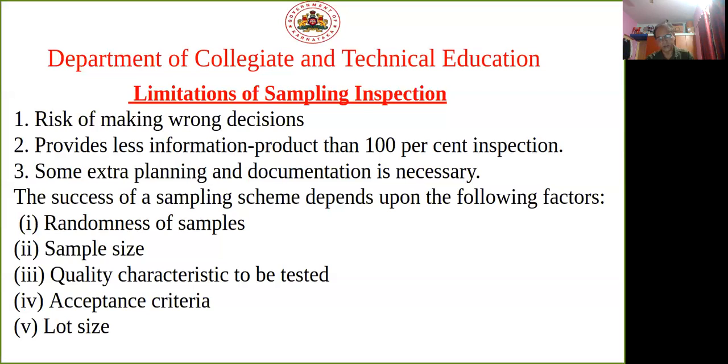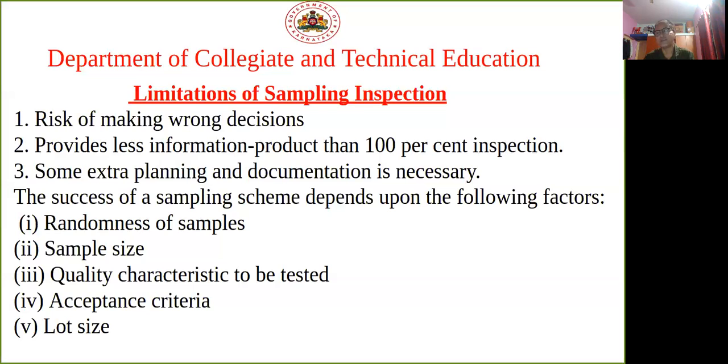It will be varying. So the size of the lot for the inspection also plays a very important role in the success of the acceptance sampling inspection. So these are the five items we must remember. These five items play a very important role: the randomness of the sample, the size, the quality characteristics that we are going to test during the inspection, and the acceptance criteria.